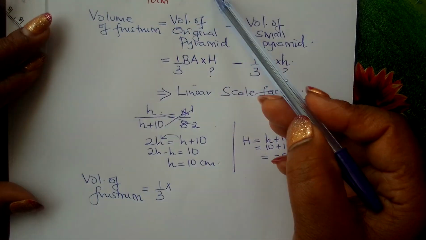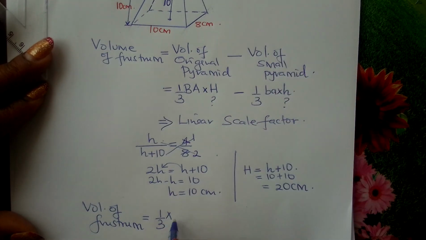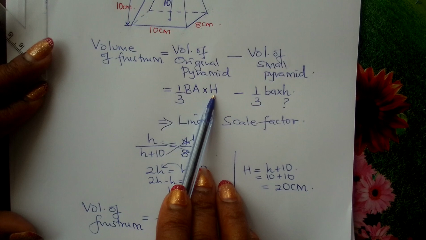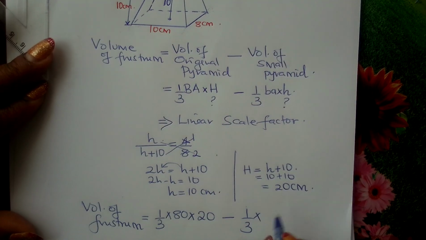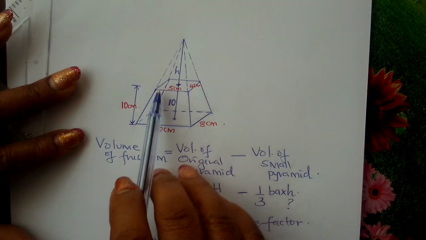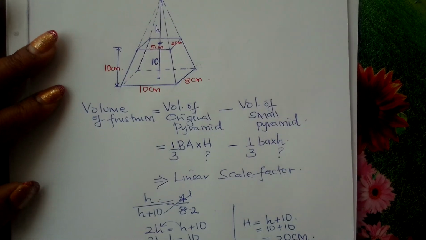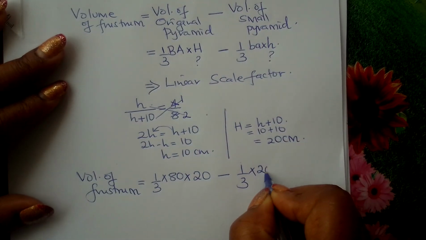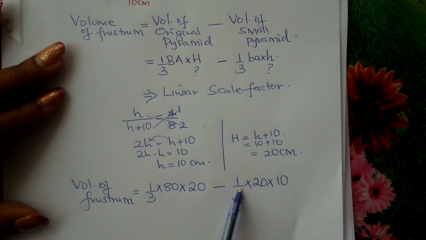The base of our bigger pyramid is 10 times 8, which is 80, times our capital height, which is 20, minus a third base area of the smaller rectangle here, 5 times 4, which is 20, times the small height, which is 10.